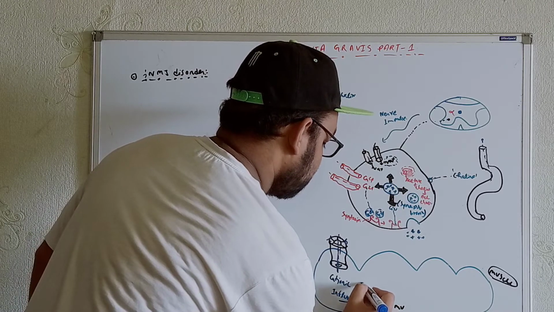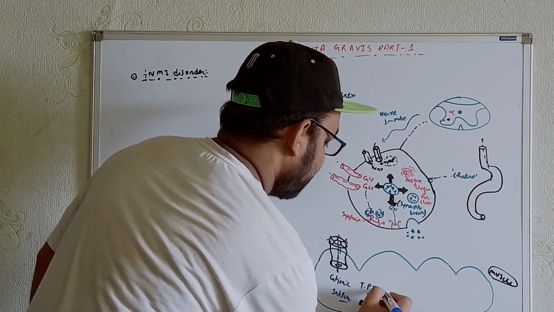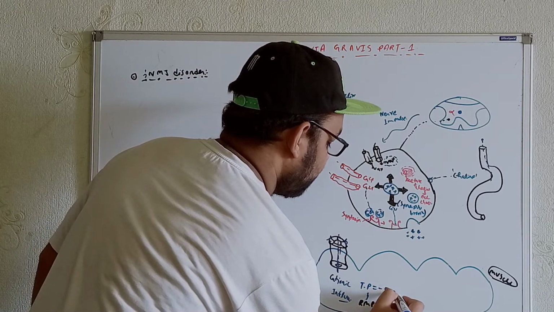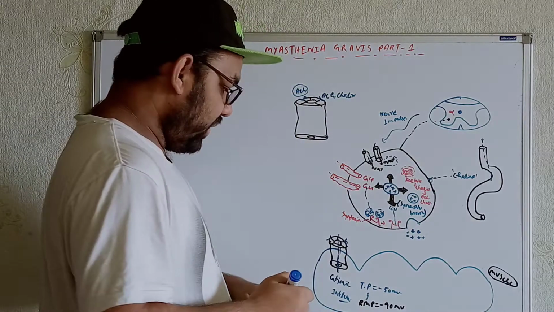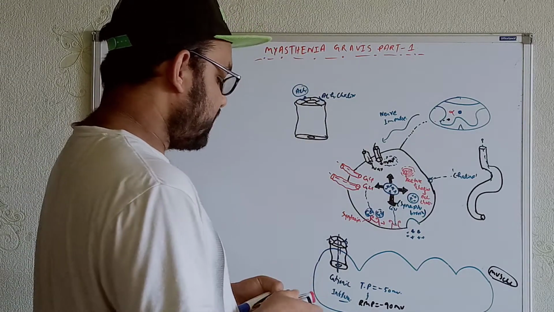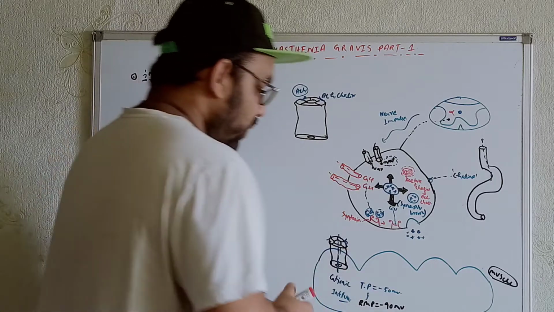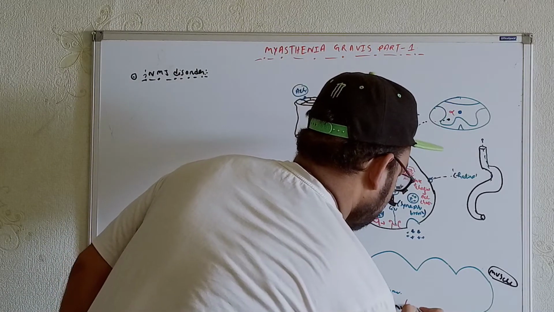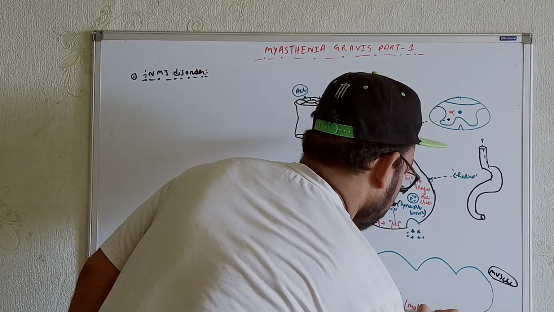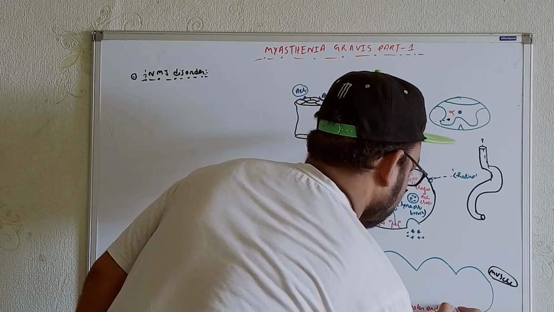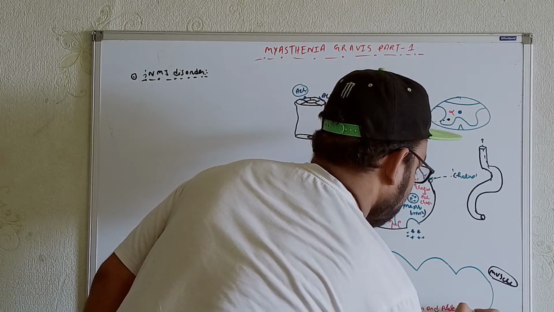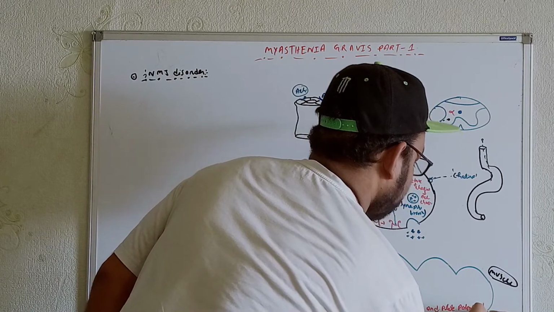For example, I am taking over here -40 millivolt. The potential we are getting over here is known as the motor end plate potential.